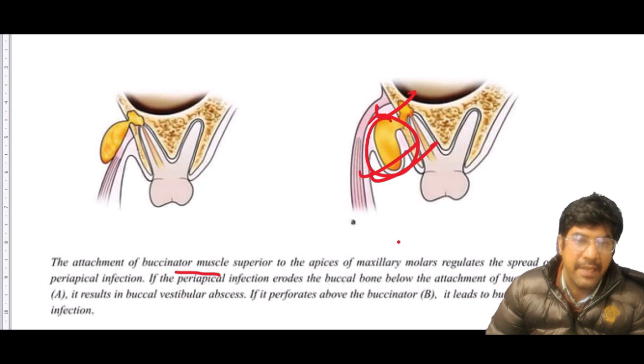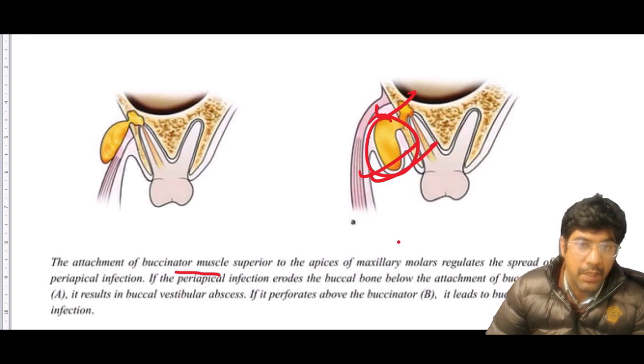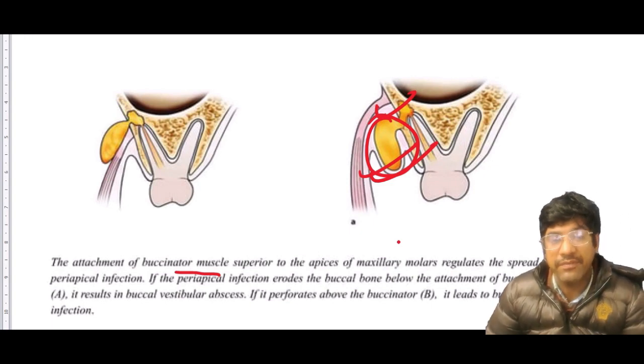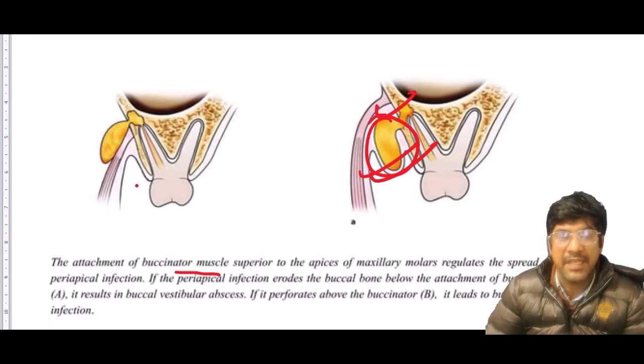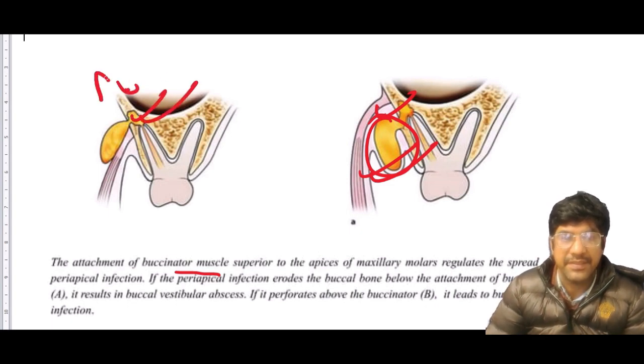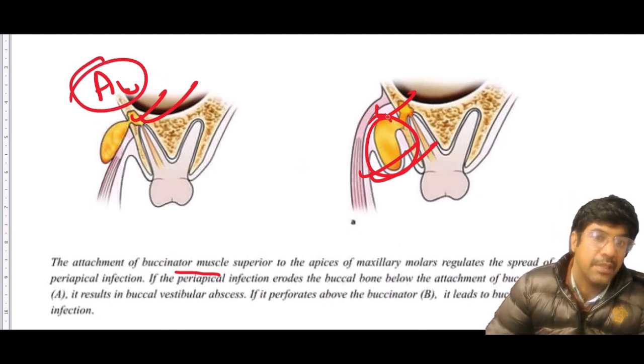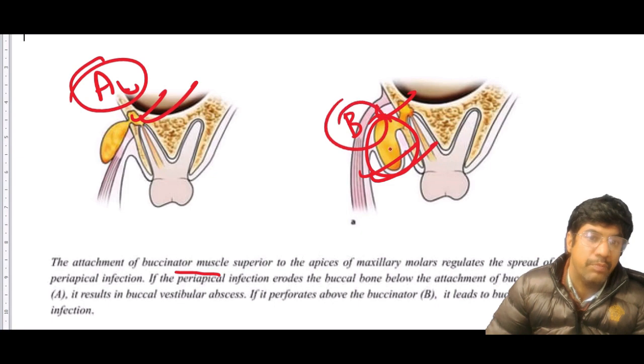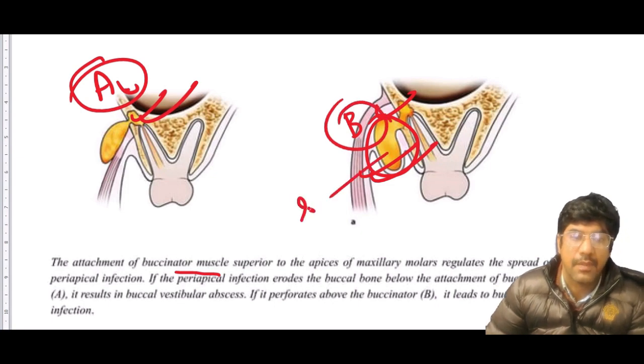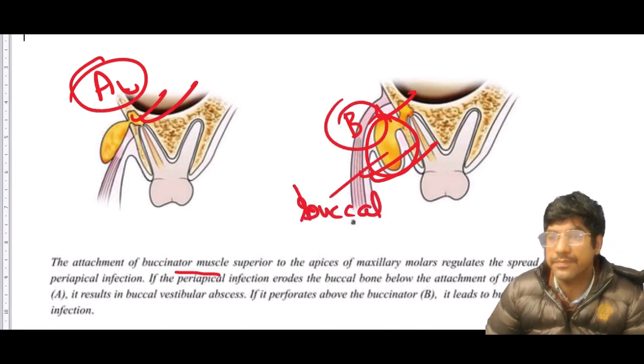If the periapical infection erodes the buccal bone below the attachment of the buccinator muscle, it results in a buccal vestibule abscess, that is this, and if it perforates above the buccinator muscle, then it leads to buccal space infection.